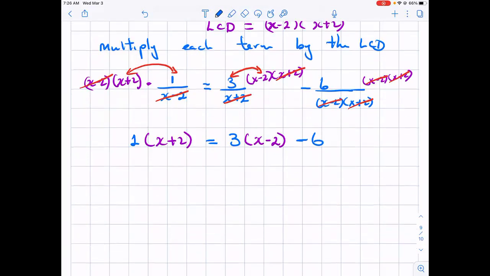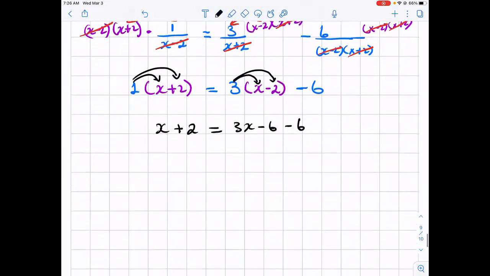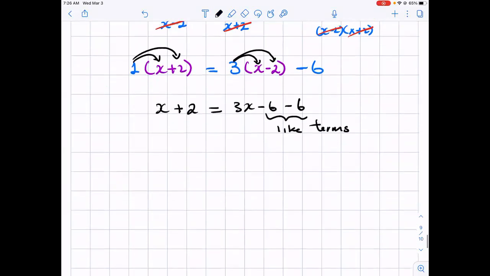If we now distribute, this leaves me with x plus 2 is equal to, multiply everything by 3, 3x minus 6 minus 6. Notice we have like terms here. If we combine them, we have x plus 2 is equal to 3x minus 12.